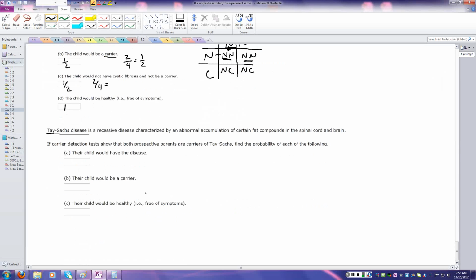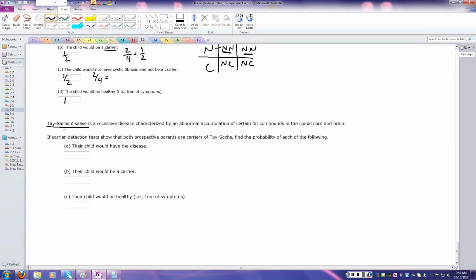So let's look at this one here. A recessive disease is characterized, if carrier detection tests show that both prospective parents are carriers. So they're carriers, so we're thinking I have a carrier and a carrier, and now I do my Punnett square.